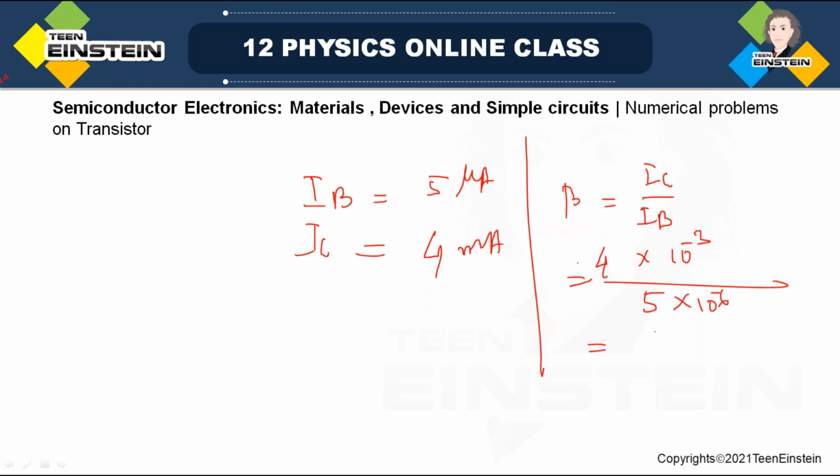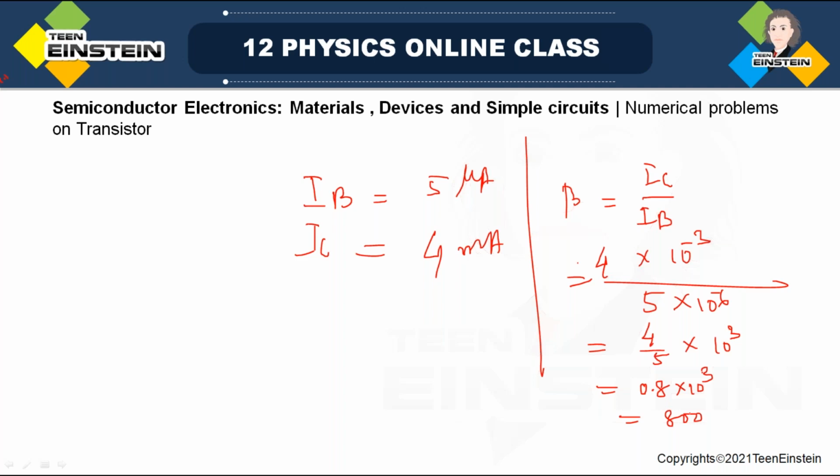So it will be 4 by 5 into 10 to the power plus 3, and if you make it 0.8 into this, you'll get 800. I think I have made some mistake somewhere. This will not be that much. It will be somewhere around 150.